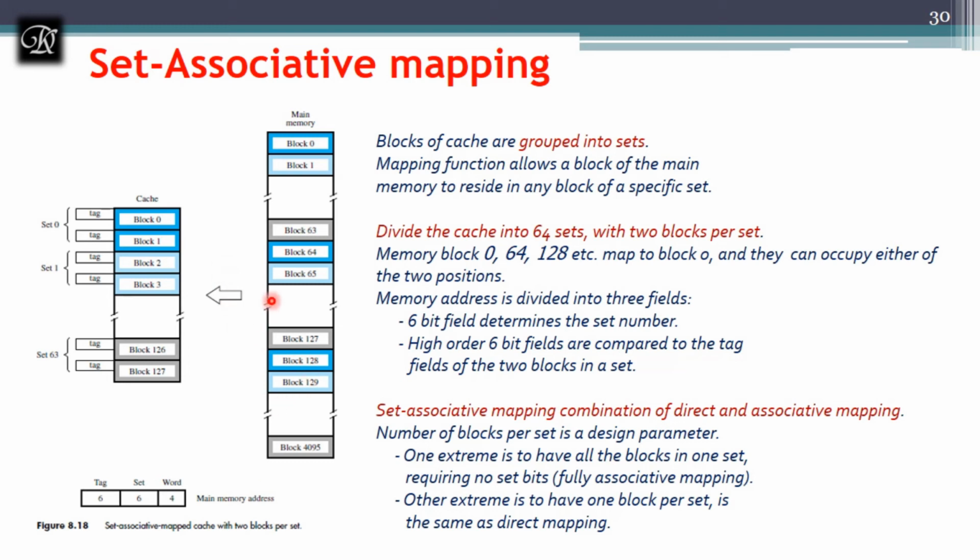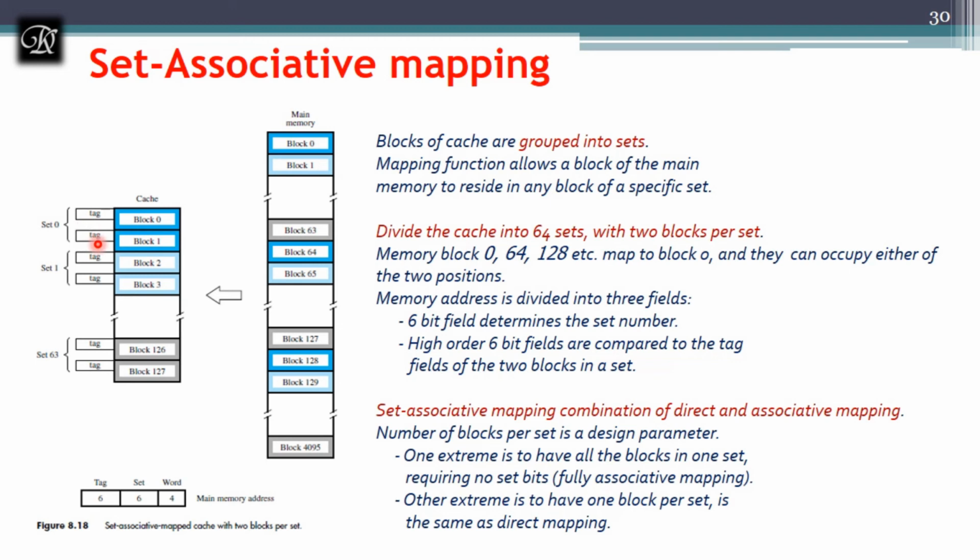So for the same given configuration, we have 16 address lines. Out of that, 4 are given to the word, and how many sets do we have? 64 sets. Why 64? This configuration should be given in the question: they should tell us that a set is a collection of how many blocks.